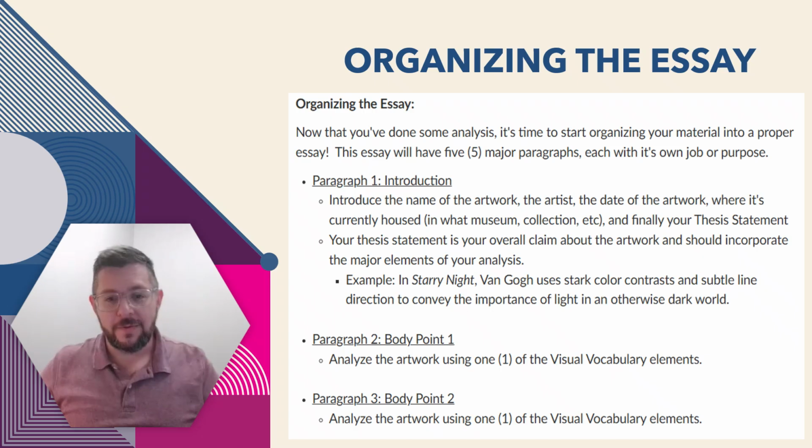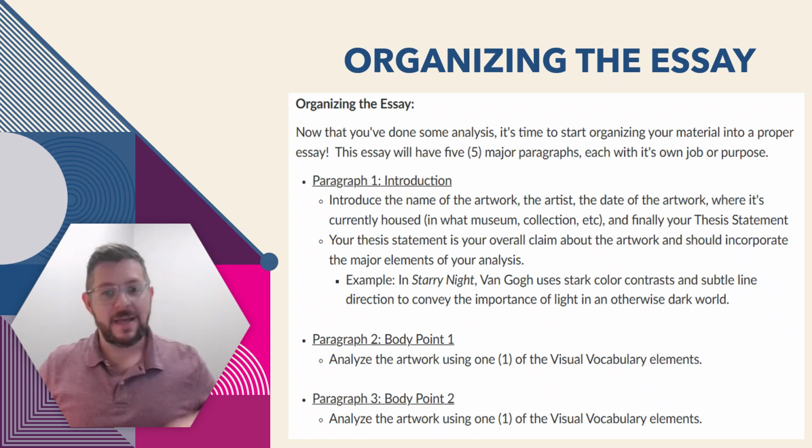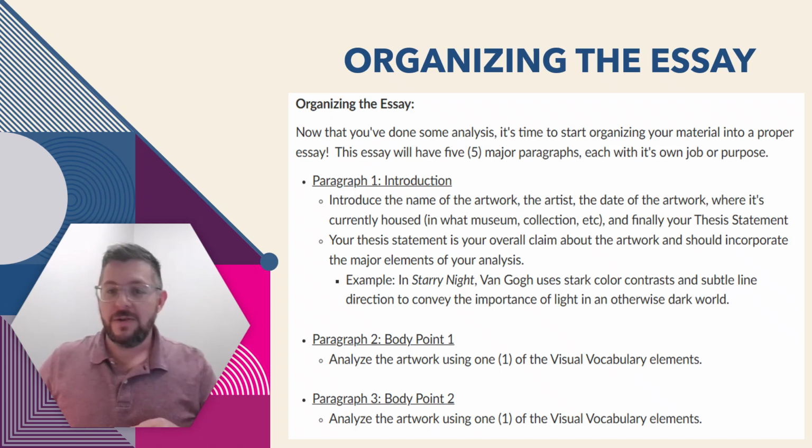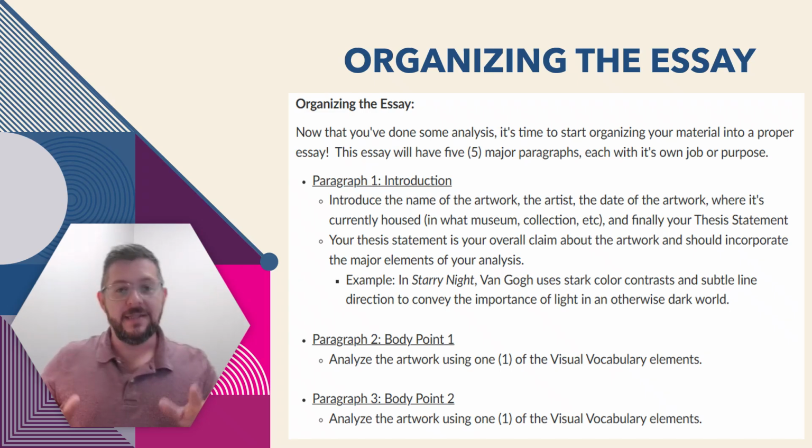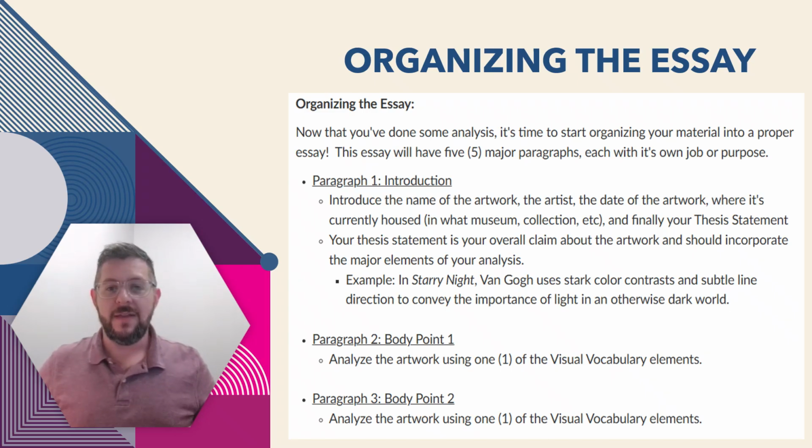So here's an example from Starry Night. I say that in Starry Night, Van Gogh uses stark color contrasts and subtle line direction to convey the importance of light in an otherwise dark world. So my claim, or my thesis statement here, has all the major pieces that I need. I have my topic, Starry Night, and my artist, Van Gogh, and I have what he's doing.